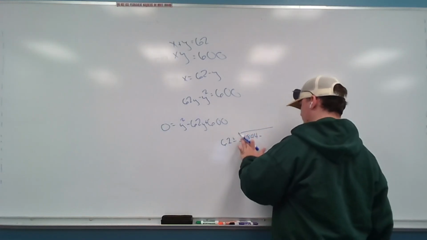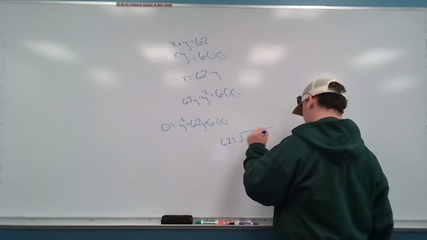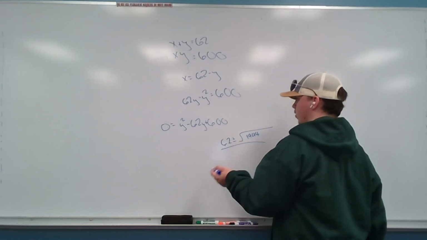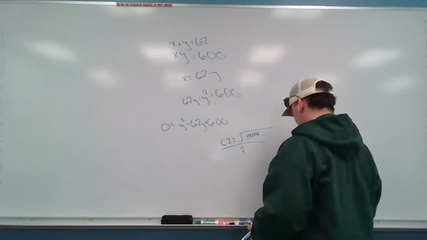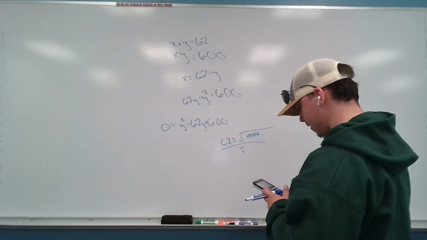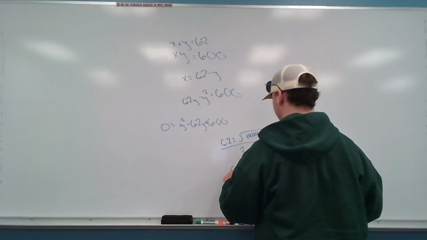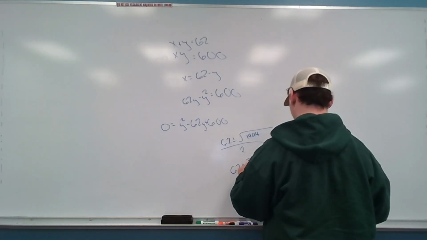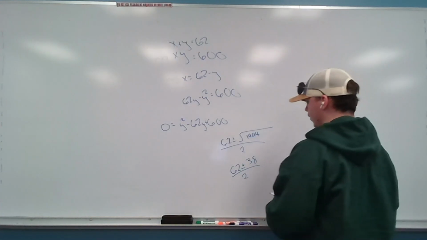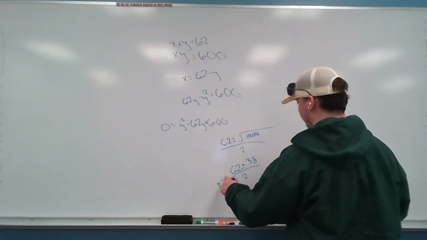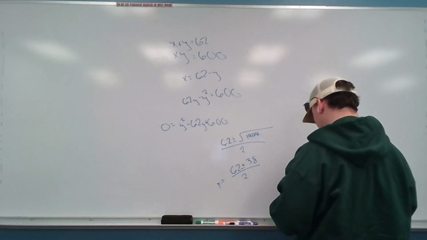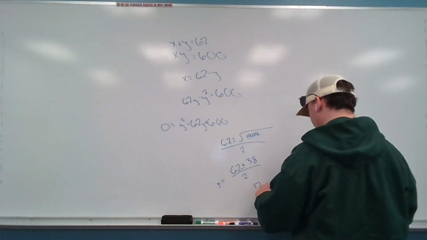Inside this you would end up with 1444, all over 2a, which would be 2. The square root of 1444 is 38, so it'd be 62 plus or minus 38 over 2. So 62 minus 38 would be 24 over 2, which is 12.